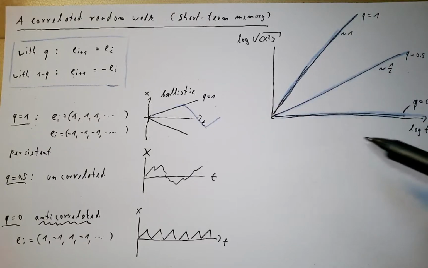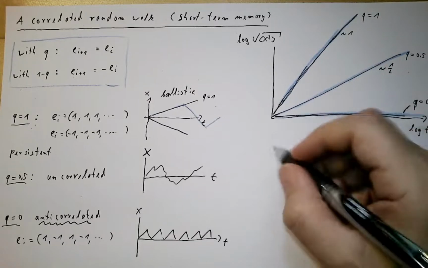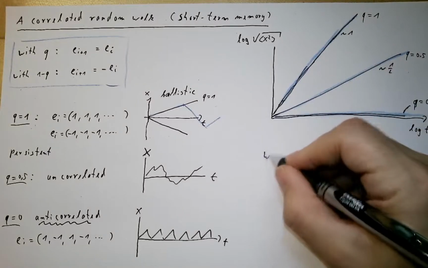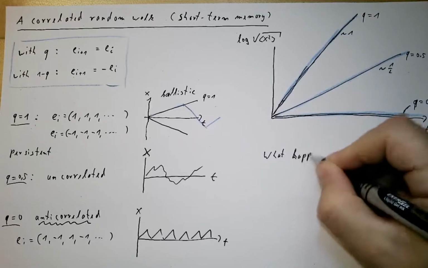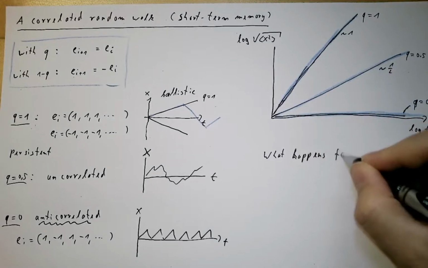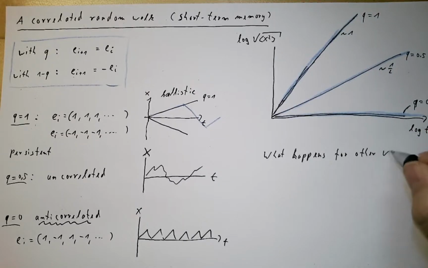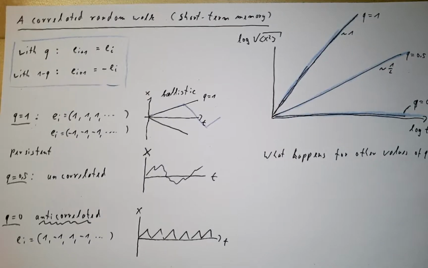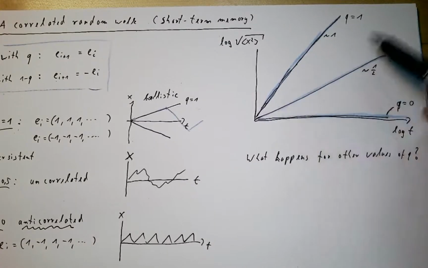So if you now ask what happens for intermediate values of q, or for other values of q. And then if you see such a plot, the intuition would say, okay, it's very clear.